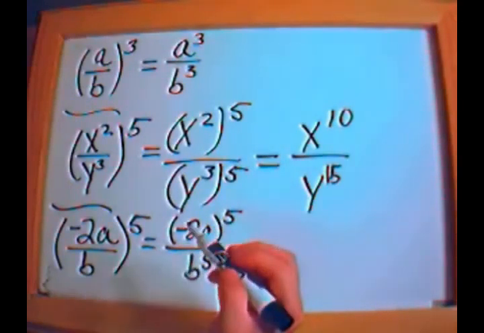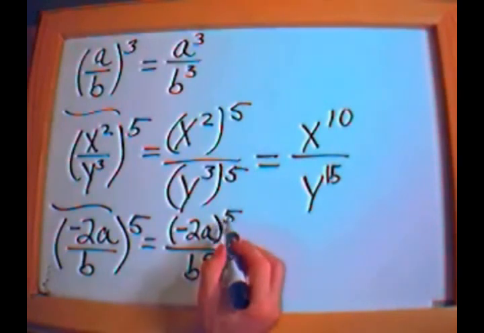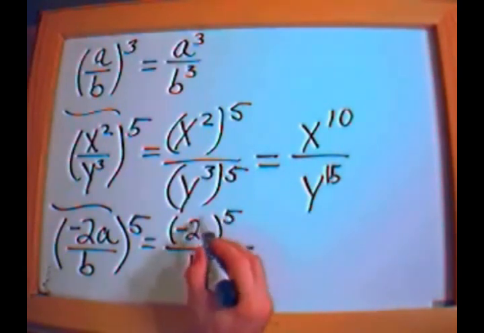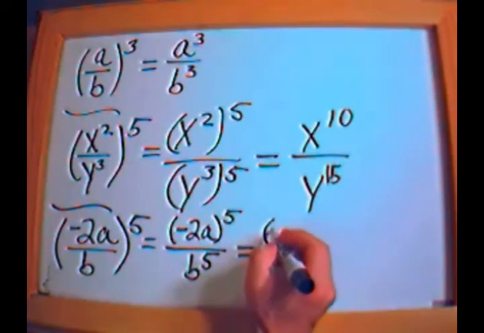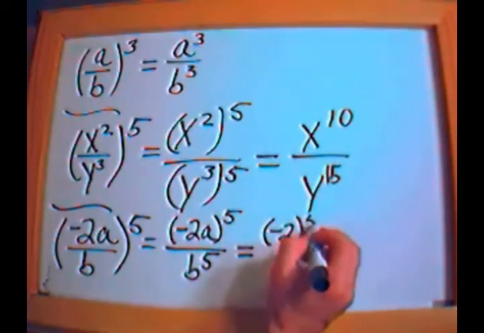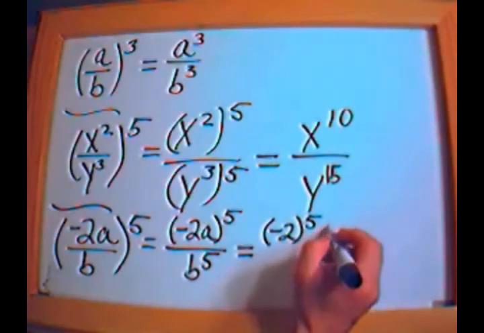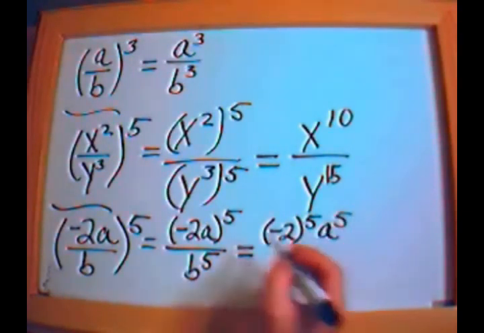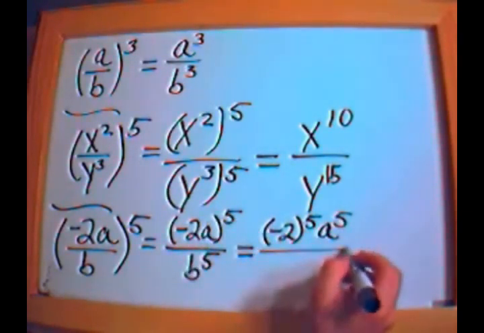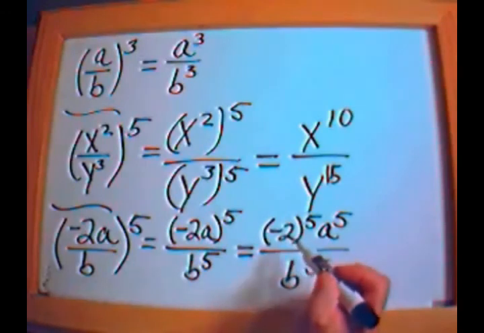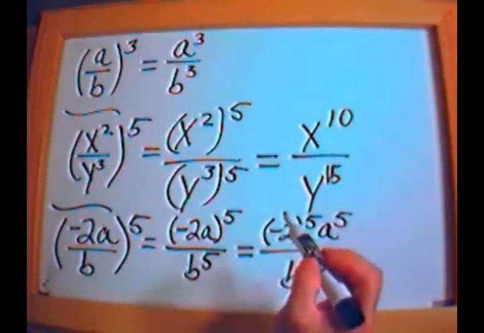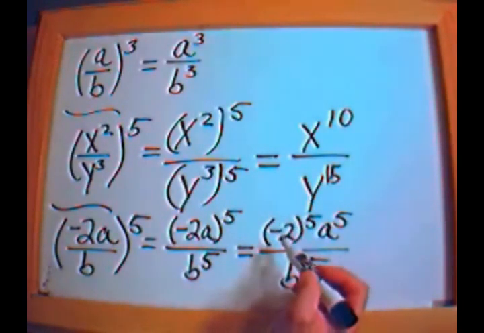We already learned how to simplify the top in the last part of the lesson, because I've got this exponent of 5 that's going to distribute into the negative 2, and it's going to also distribute into the a. So I'm going to have negative 2 raised to the fifth power times a raised to the fifth power, because it goes into both, divided by b to the fifth power. And that's really the answer. And if you wanted to simplify it even more, you could take this negative 2 and put that in your calculator and raise it to the fifth power.